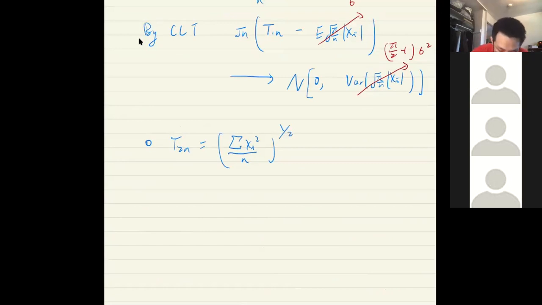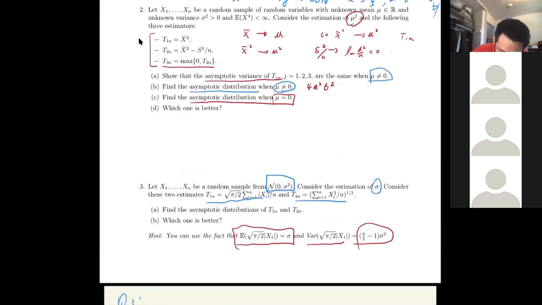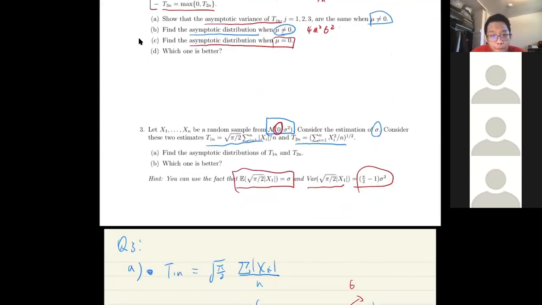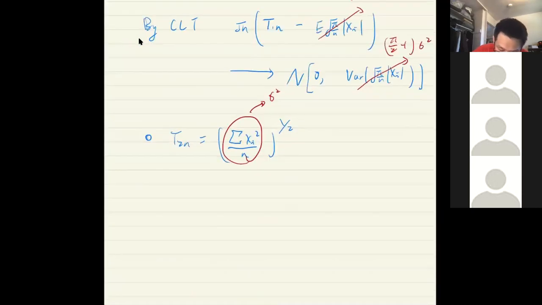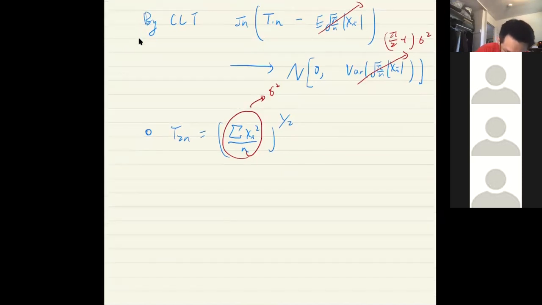First, you know that this one will converge to sigma square because the mean is 0. Here, the mean is 0. So next we will have T2n minus sigma square.